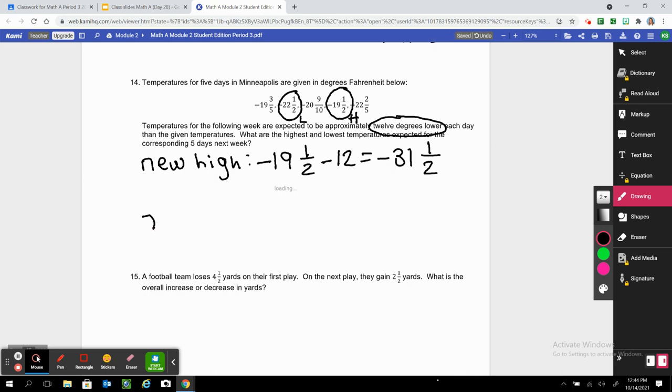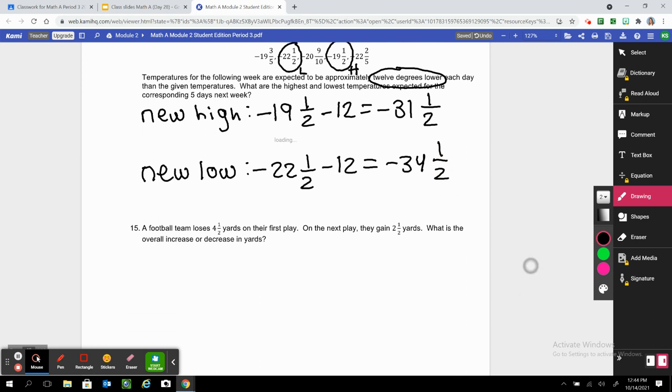And my new low, I'm going to take my -22.5 and subtract 12, and I'm going to get -34.5. Because -22 minus 12 more is -34.